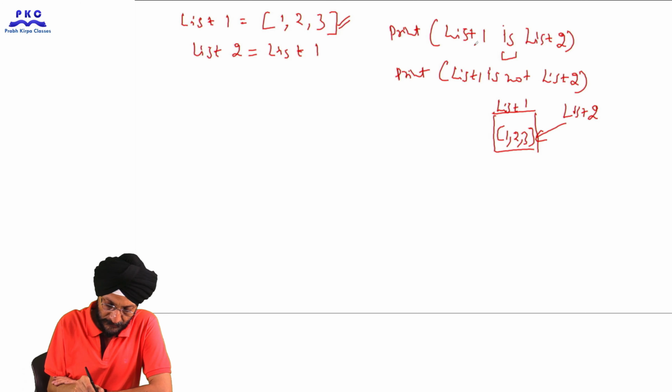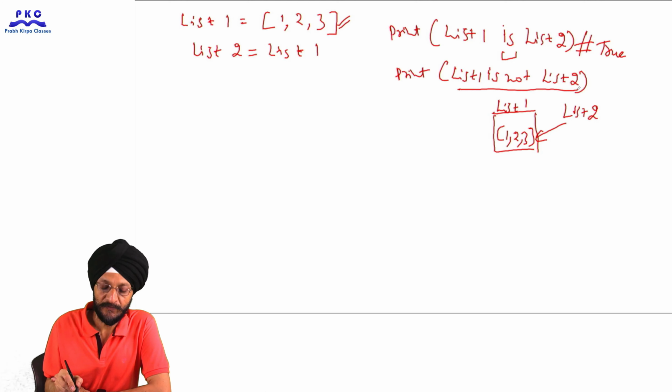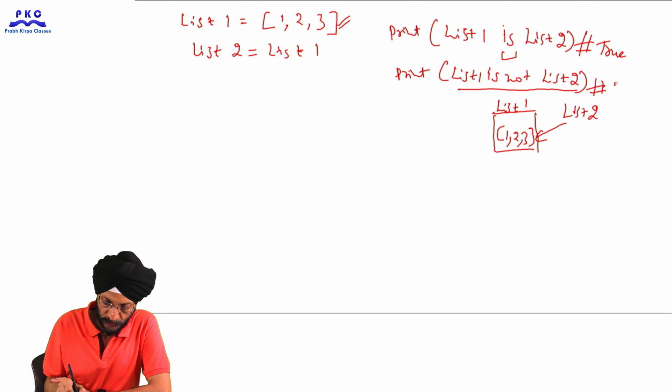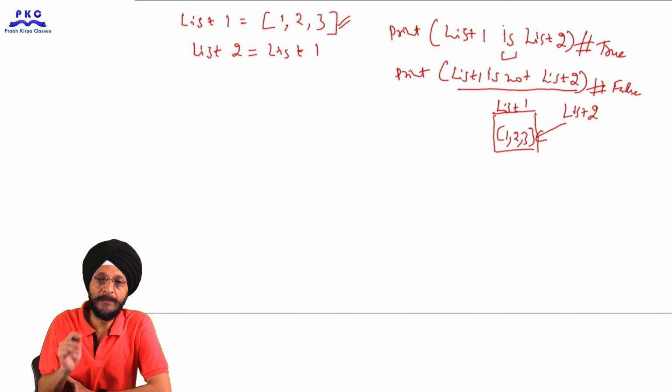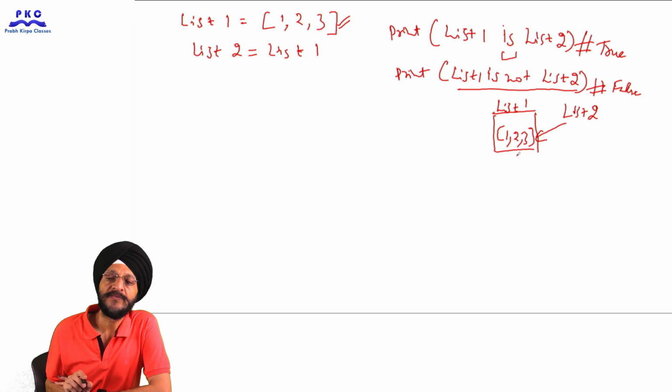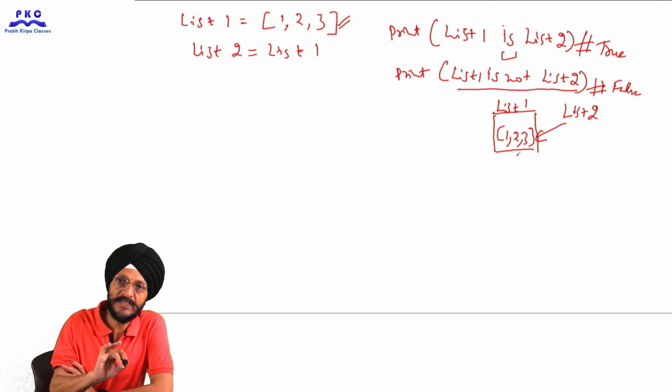So when we say print list 1 is list 2, the answer will be true. If we say list 1 is not list 2, the output will be false, because the memory location is the same in case of list 1 and list 2.